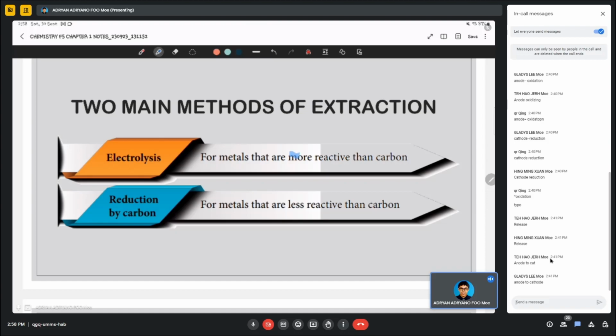Electrolysis I will use when I am extracting metals that are more reactive than carbon, whereas reduction I will use for metals that are less reactive than carbon. That's why I told you to memorize that mnemonic, kalau nak kahwin mesti ada... supaya perempuan hasil juga anak. You must memorize it, it will make your whole Chemistry Form 5 easier because you will use that.